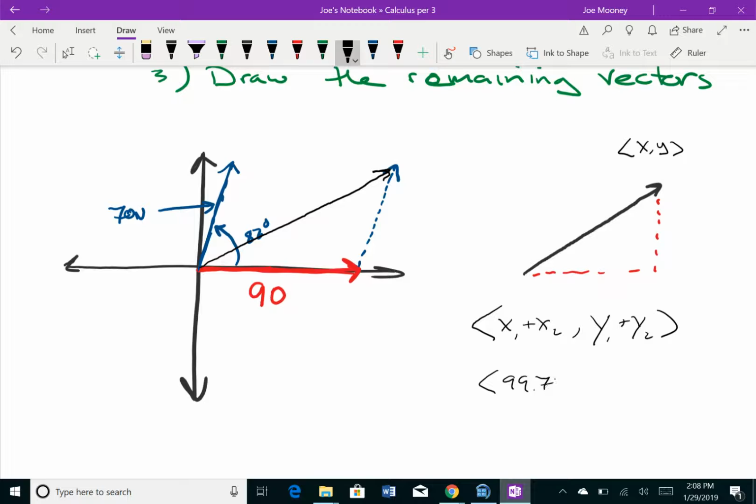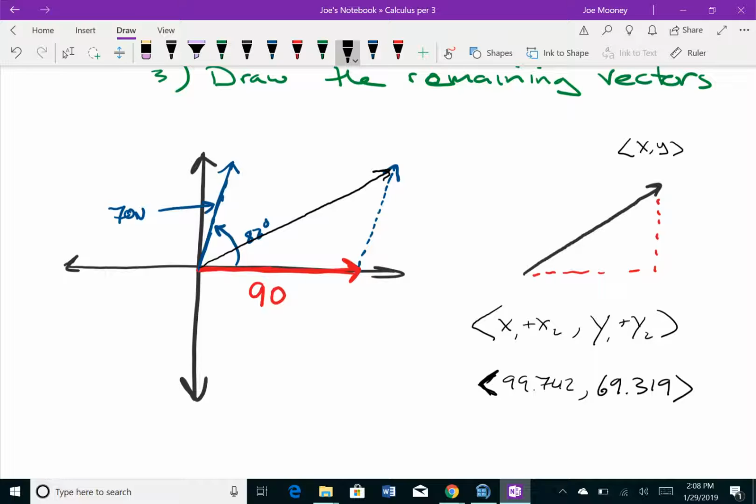And then I'm going to add my 0 from my Y1 to my Y2. So I'm just going to pull up Y, and it was 69.319. So that right there is the component form of the vector.